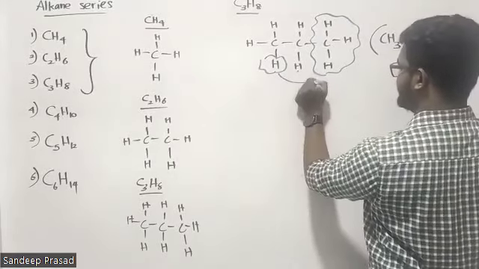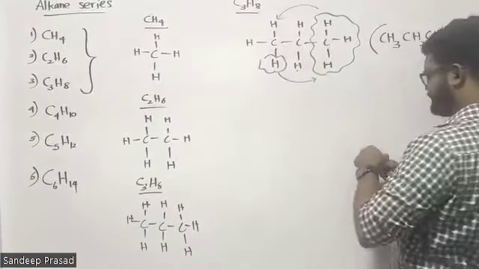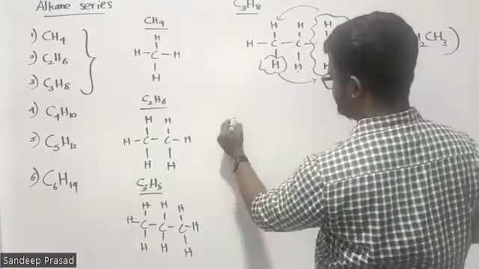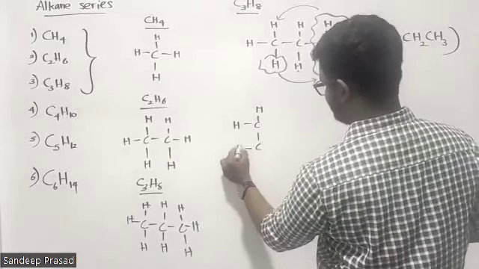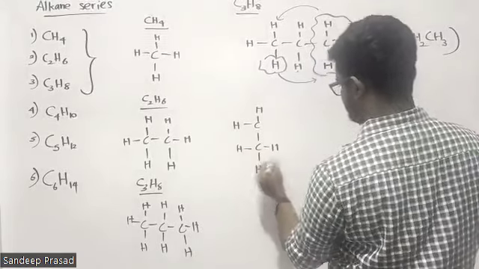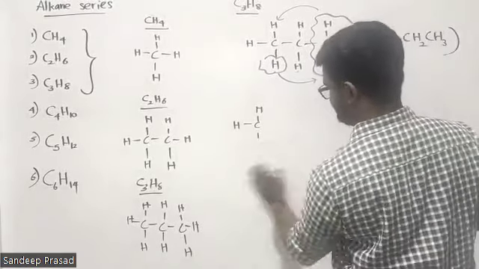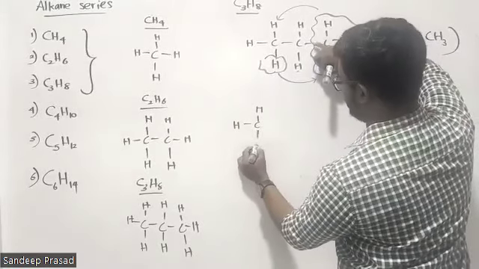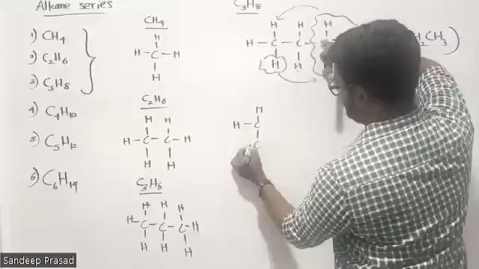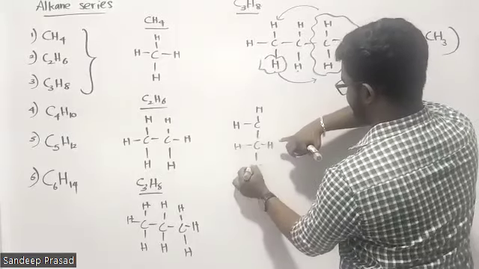I'm going to change this one here and I'm going to put this one here. Then what will happen? CH3 will come here, right? Now look at this group, disconnecting from here. Then you have to take that carbon atom and connect it to here.